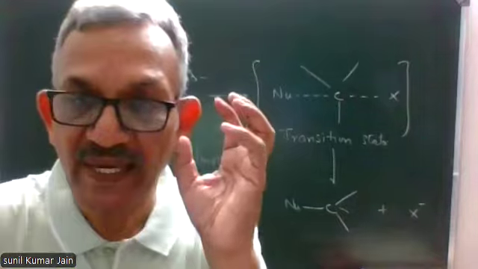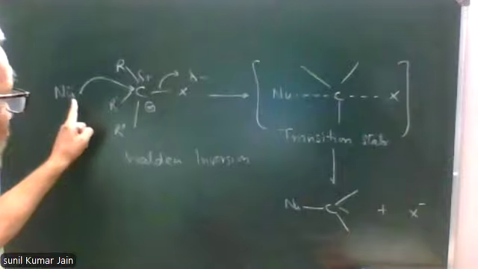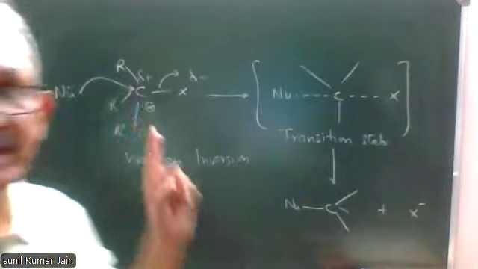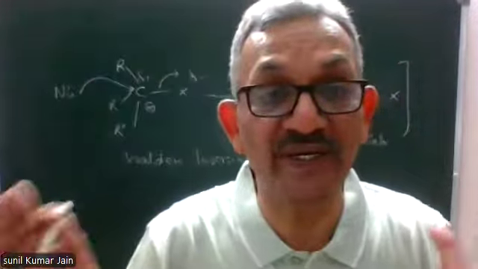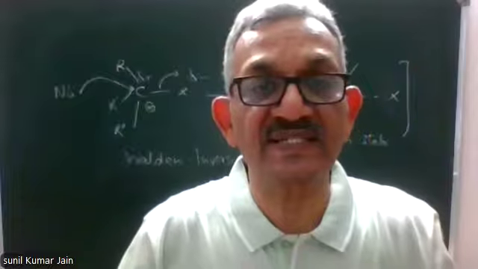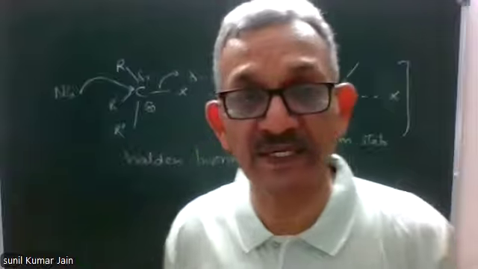Since alkyl groups will occupy more space, the approach of the nucleophile to this alpha carbon atom will become difficult. Why does it become difficult? Due to steric hindrance. I hope you remember, you studied steric hindrance in 11th standard.